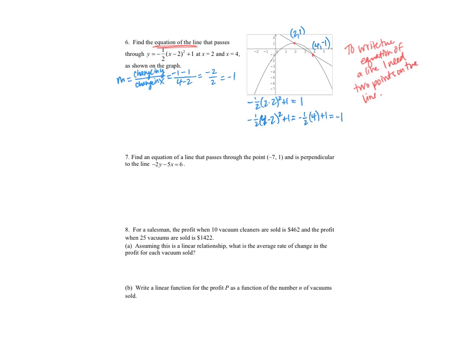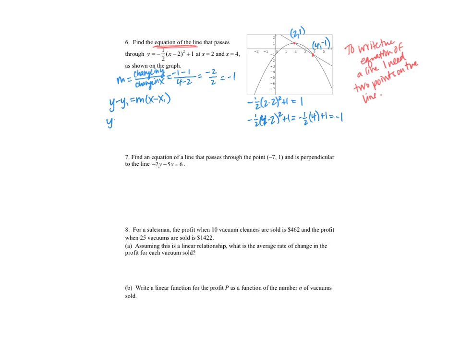So then I want to write down the equation of that line. If I use point slope form, y minus y1 equals m times x minus x1, which is really just a rearrangement of the slope formula, I can plug in one of my points and the slope that I have here.